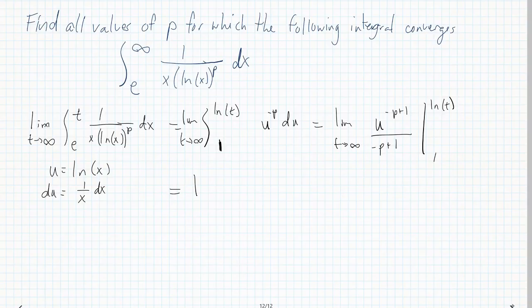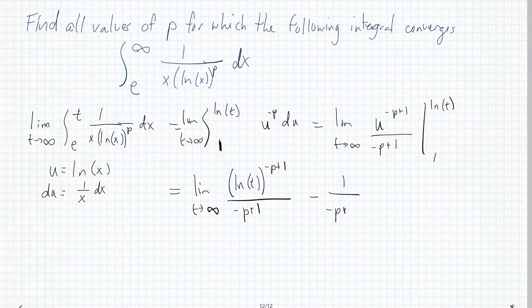So this then becomes, plugging those in, limit as t approaches infinity of natural log of t raised to the negative p plus 1 over negative p plus 1, and then minus, you plug in 1 into that, you're going to get just 1 over negative p plus 1.